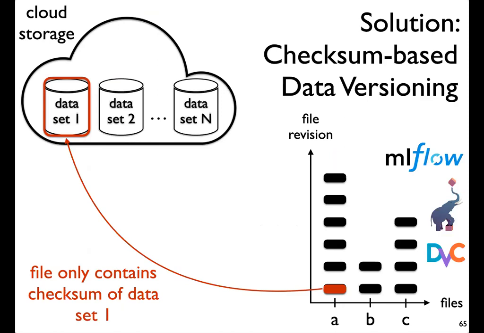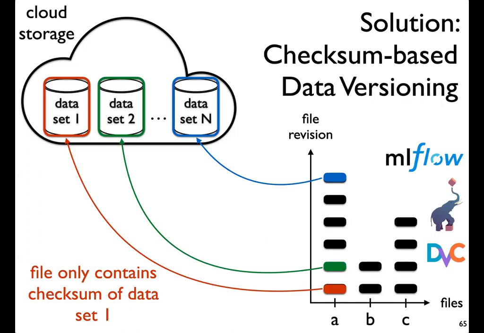So every time you make a change to your data, you just update that checksum in that file. You commit it with any code that changes as well. So you still have the linkage between code and data through the checksum, and at the same time scalability is not an issue because the data is stored in a scalable way.